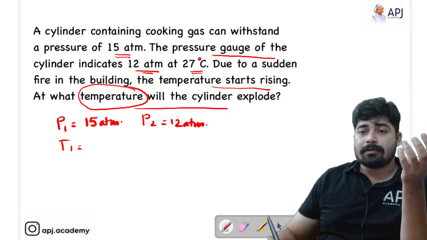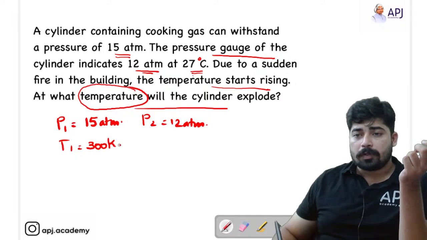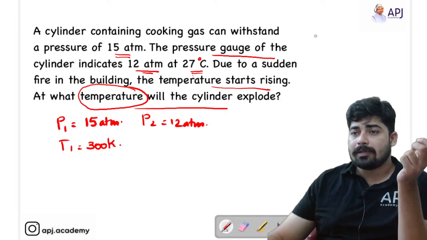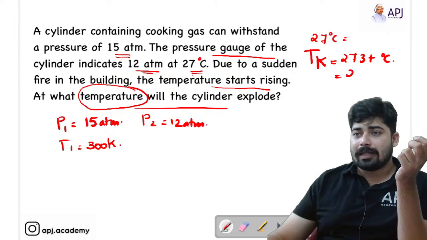For 27 degrees Celsius, how did I get 300 Kelvin? In the Kelvin scale it is equal to 273 plus the Celsius temperature, that is 273 plus 27, equal to 300 Kelvin.